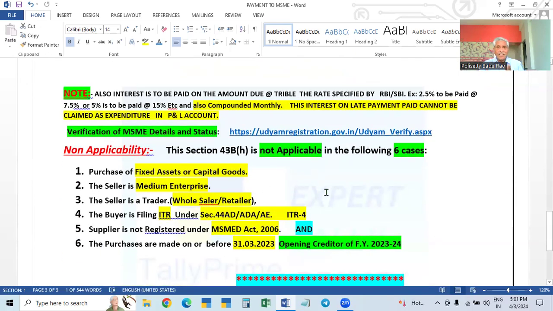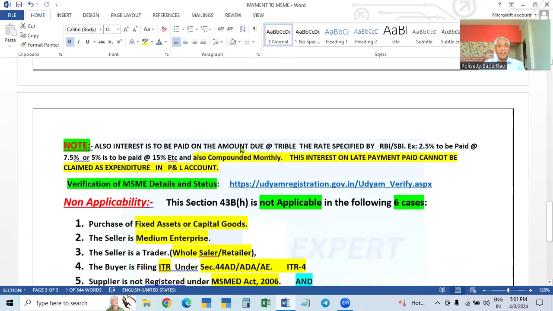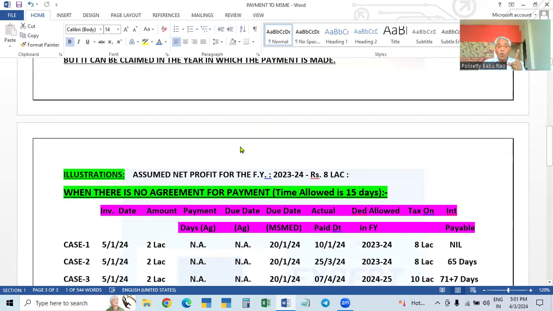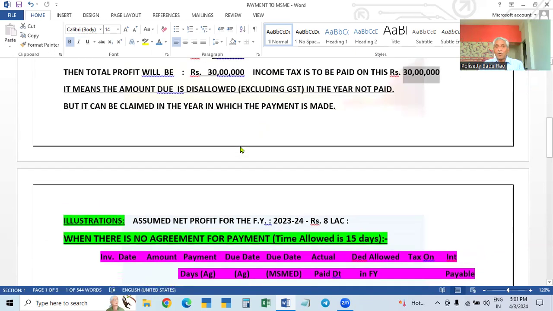First, number 1: we are purchasing goods. This is applicable only for goods and services, that is, service means expenses. If you purchase fixed assets or capital assets, such as machinery, a motorcycle, electrical fittings, stationery, furniture, or any capital asset, this is not applicable. Goods and expenses only.